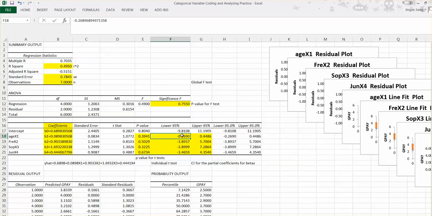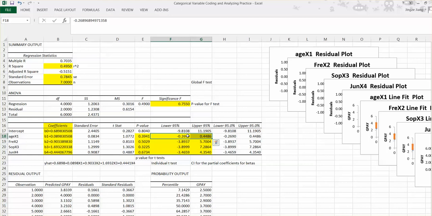For instance, if we look at the 95% confidence interval for the partial coefficient corresponding to H, we found it's from negative 0.2690 to positive 0.4486. From this interval, you will conclude that 0 is in this interval, so we have 95% confidence that beta 1 can be 0.